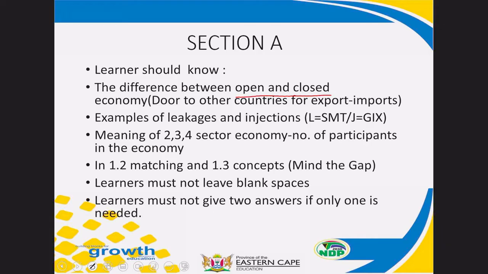I normally say it's just like a door that as a country we have to other countries. Now if we've got an open economy, it's like the South African door is open for imports and exports. If you've got a closed economy, it means the country is not trading with other countries where we have exports and imports. So please make sure that you know that difference between the closed and the open economy.